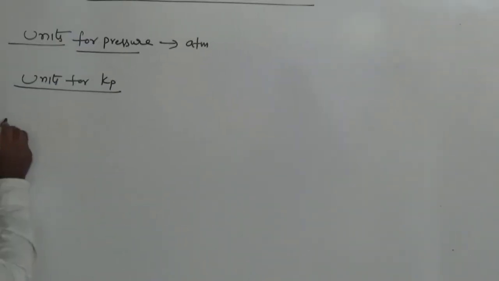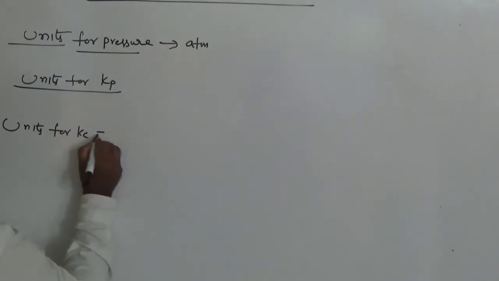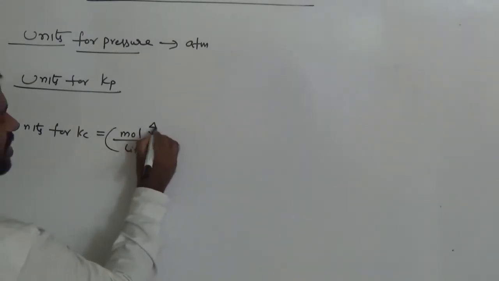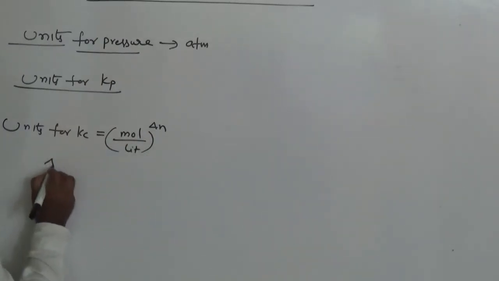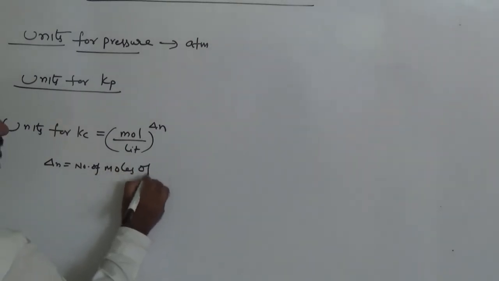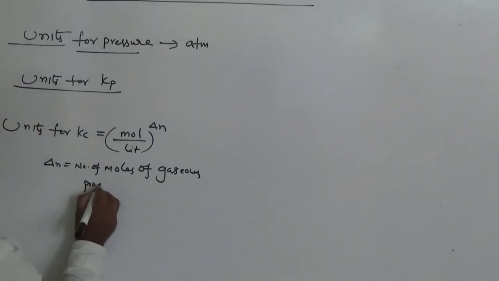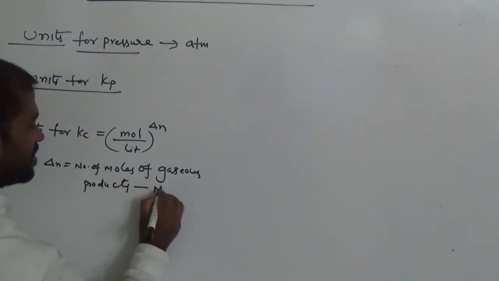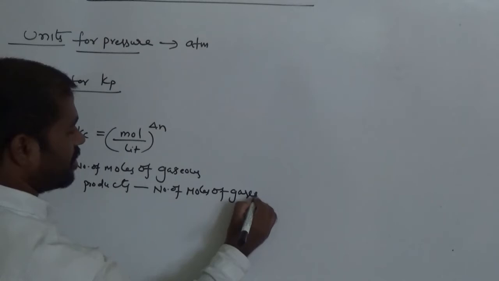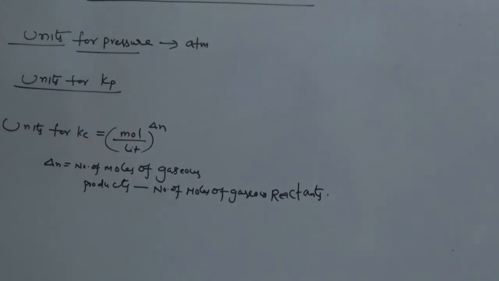For Kc we already discussed it. For Kc the unit is mole per liter whole power delta n, where delta n is equal to the number of moles of gaseous products minus the number of moles of gaseous reactants.